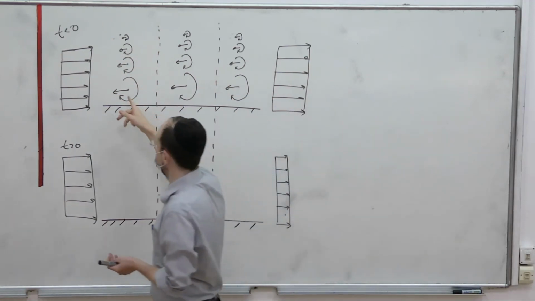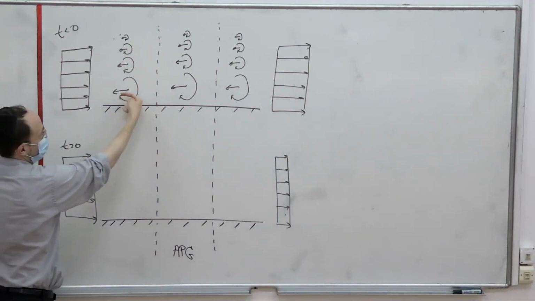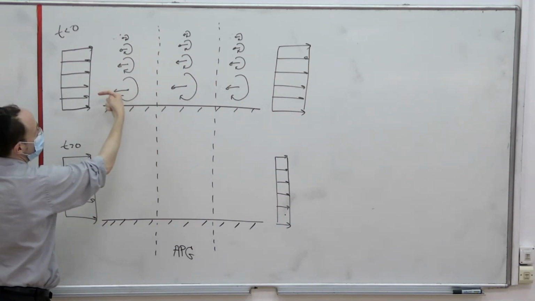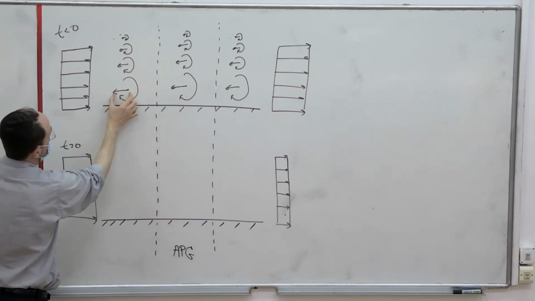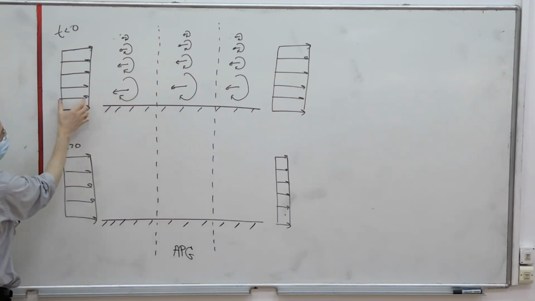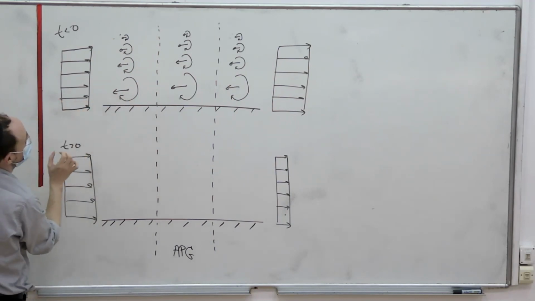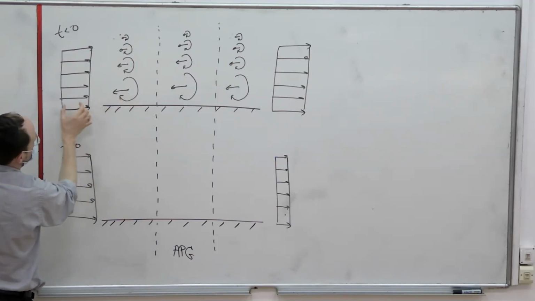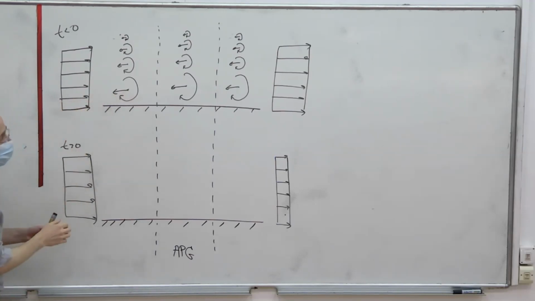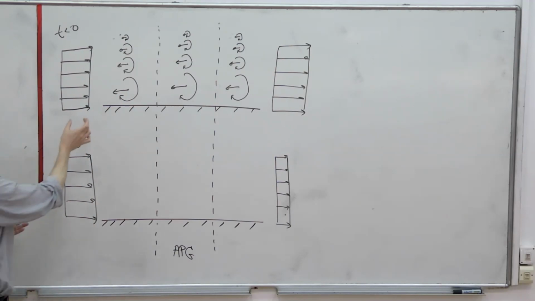Well, as long as the velocity induced by the image is less than this arrow here, and I tried to draw it so it's reasonably accurate, then the difference between them will be the effective velocity profile of the vortices.